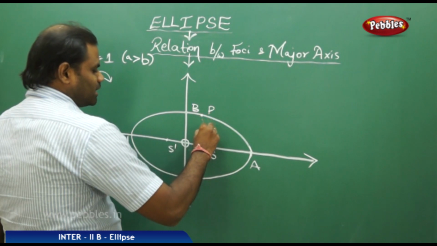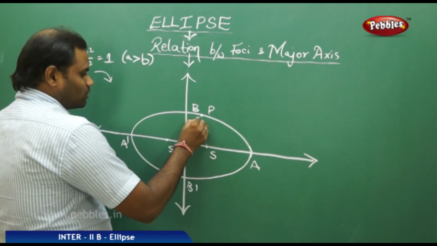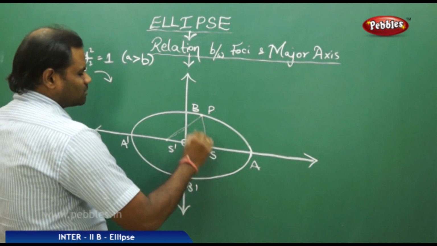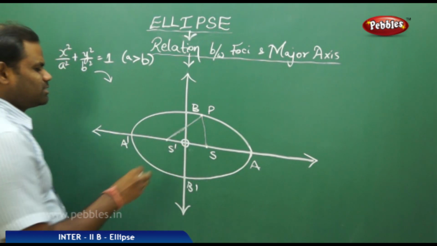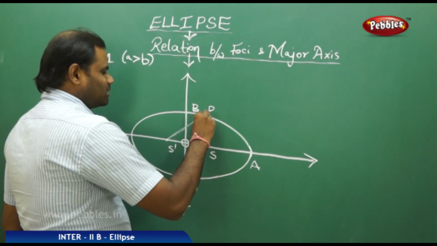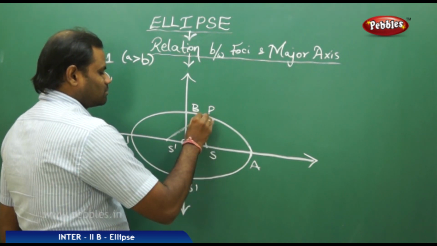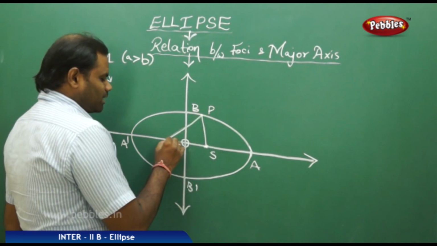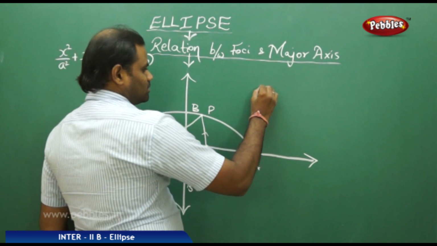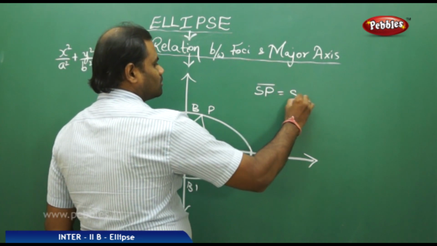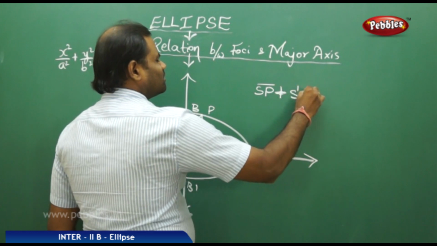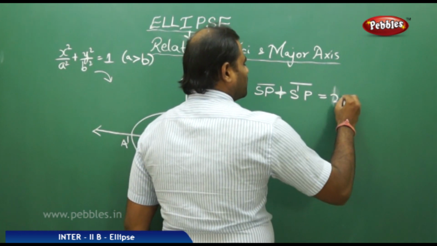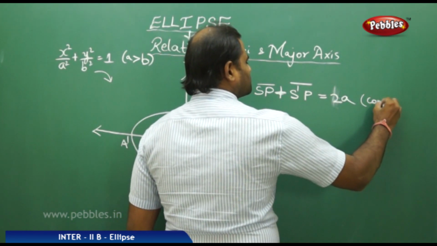Now let me join P with S, that is SP, and the other focus S dash with P. Joining S with P and S dash with P, I get the relation SP plus S dash P is always equal to 2A, that is a constant.